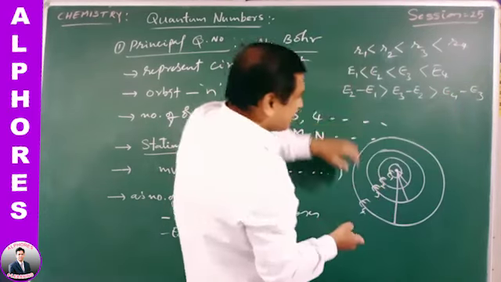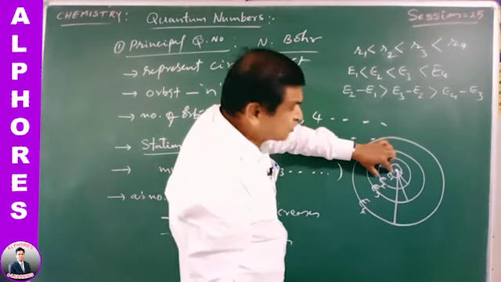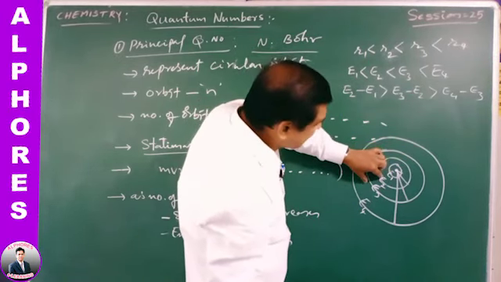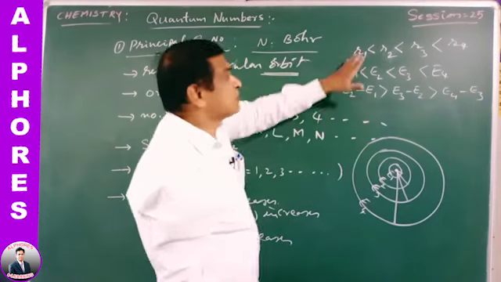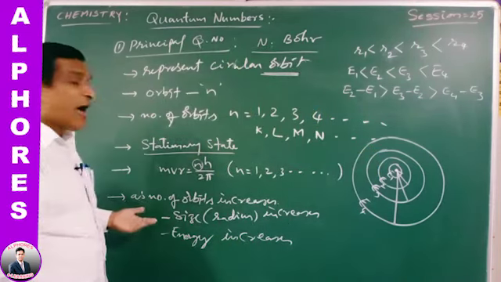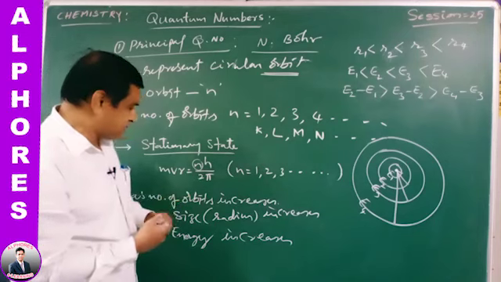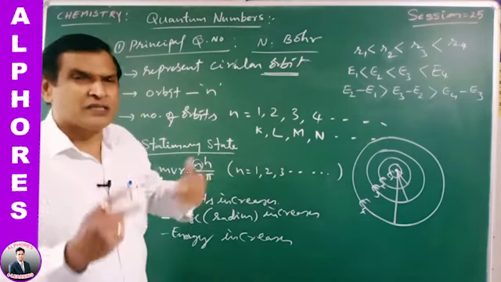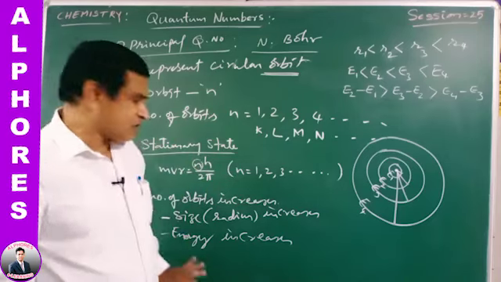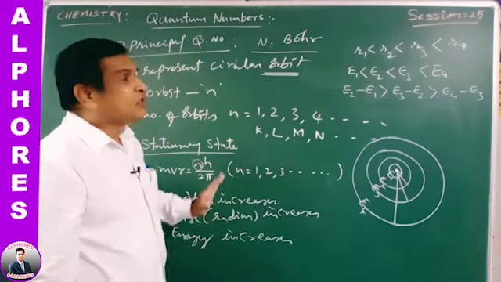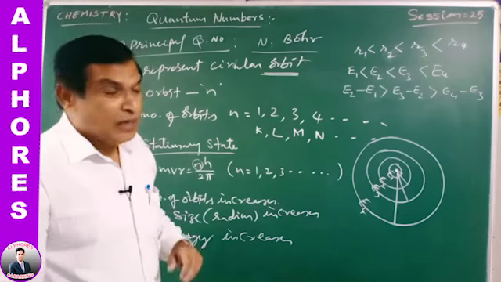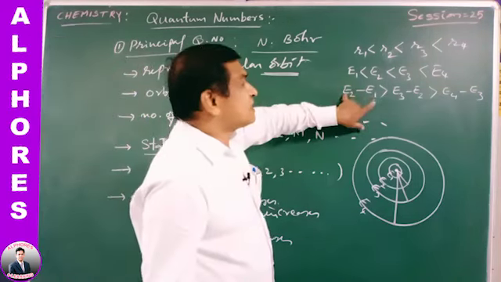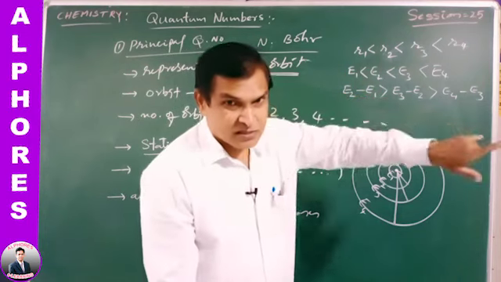The difference between the first two energy levels is greater than between the second and third, which is greater than between the third and fourth. Once again, as the number of orbits increases, the size of the orbit or atom increases, the radius increases, and energy also increases, but the energy difference between successive orbits decreases. Got it?